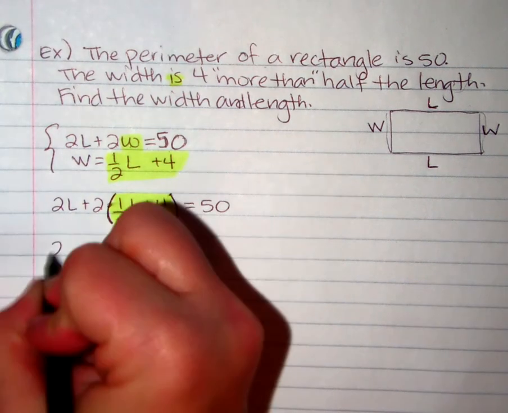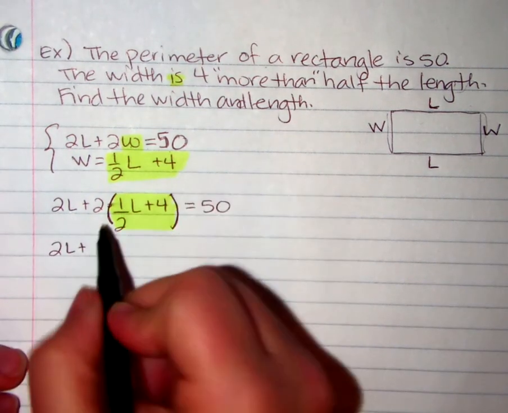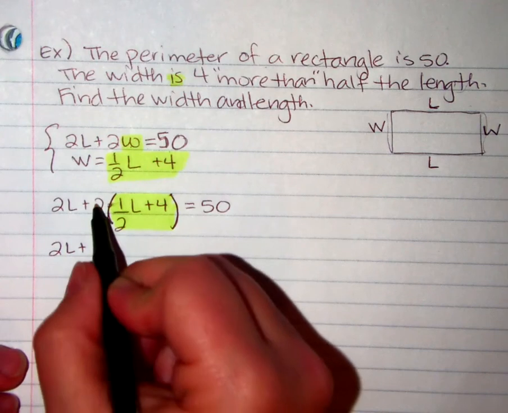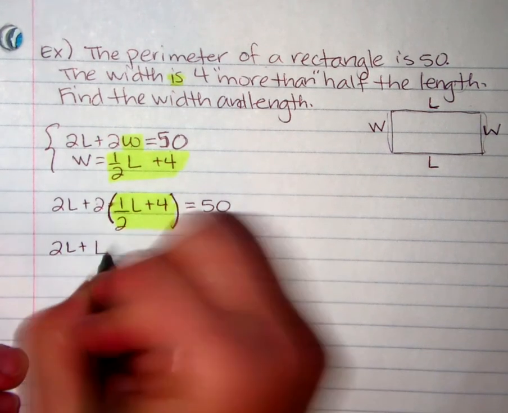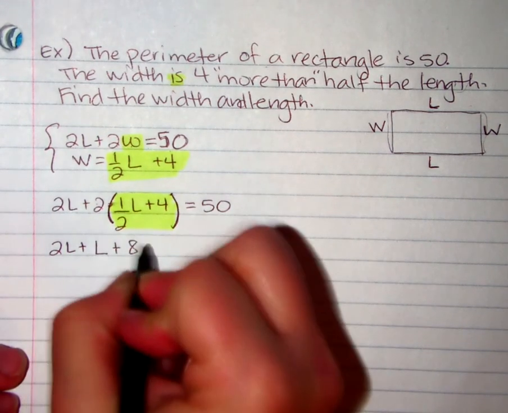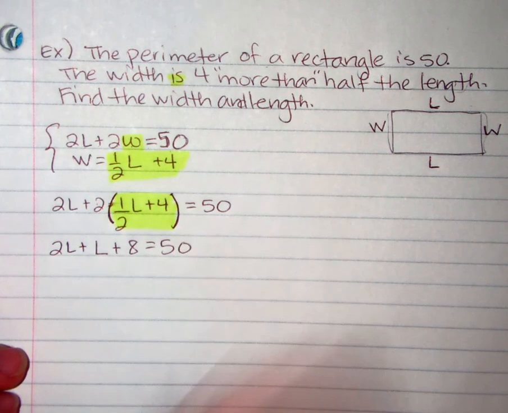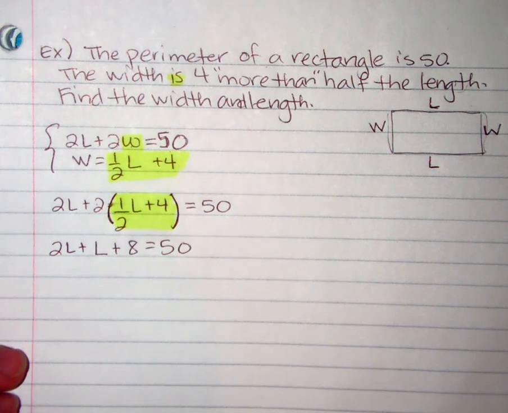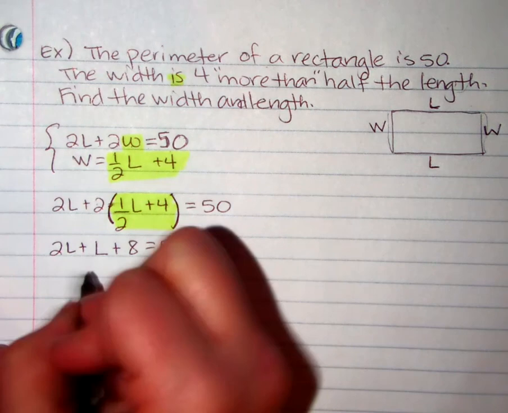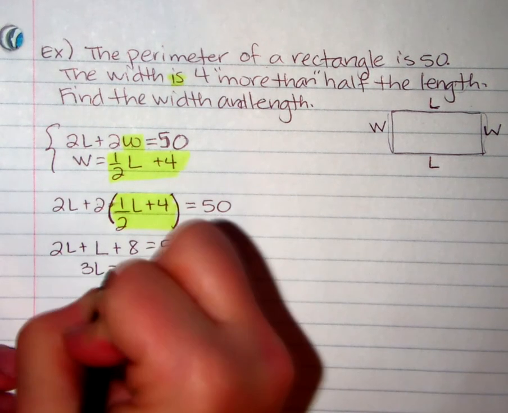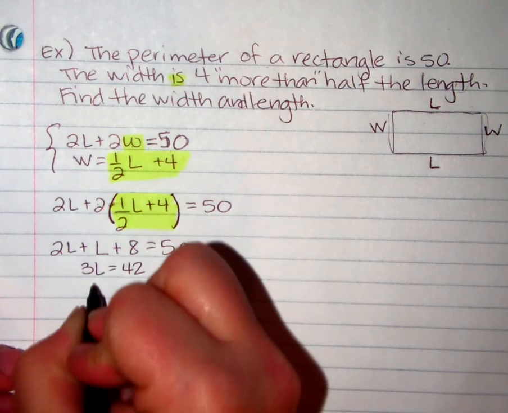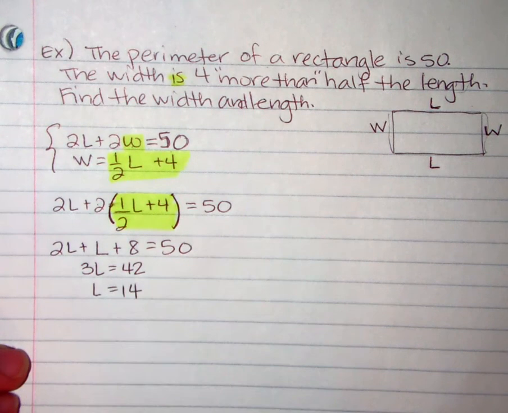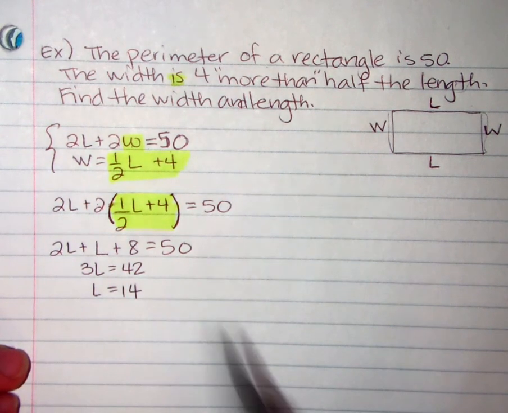And then in that case, I have 2L plus, when I distribute, the 2 and the 2 are going to cancel out, and I get 1L plus 8 equals 50. And so in this case, I will end up with 3L equals 42, or L equals 14. And then I can plug that back in.